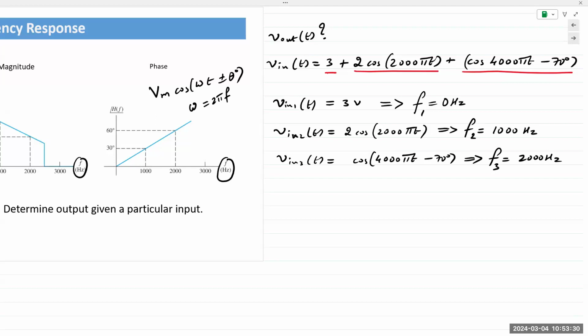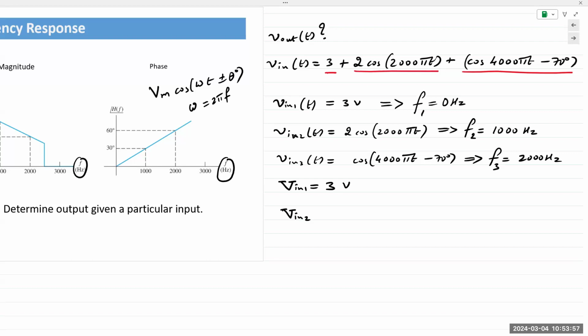Once we have identified these three frequencies, the next step is to write down the transfer function at each one of these three frequencies, and then the phasors of these three input component voltages. So the phasor for V in 1 would simply be 3 volts.